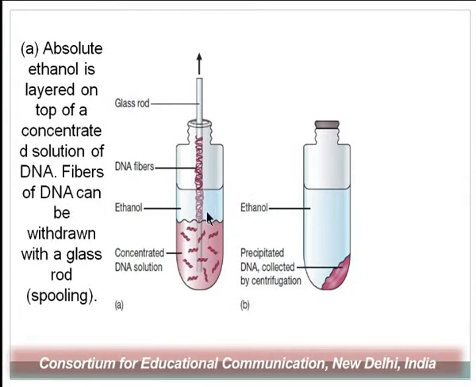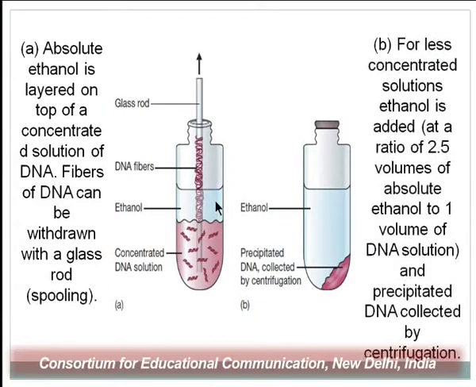But if the solution is dilute and not much DNA is present, then for a less concentrated solution, ethanol is added at a ratio of 2.5 volumes of absolute ethanol to 1 volume of DNA solution, and then precipitated. Then we incubate it at minus 20 degrees Celsius for half an hour, or at 4 degrees Celsius overnight, or even colder, at minus 80 degrees Celsius if we have the facility, for efficient precipitation.